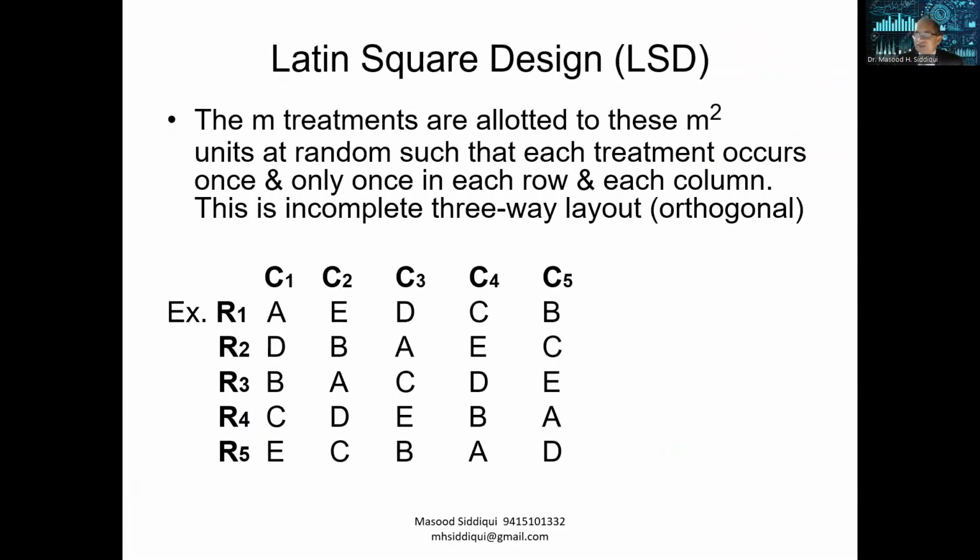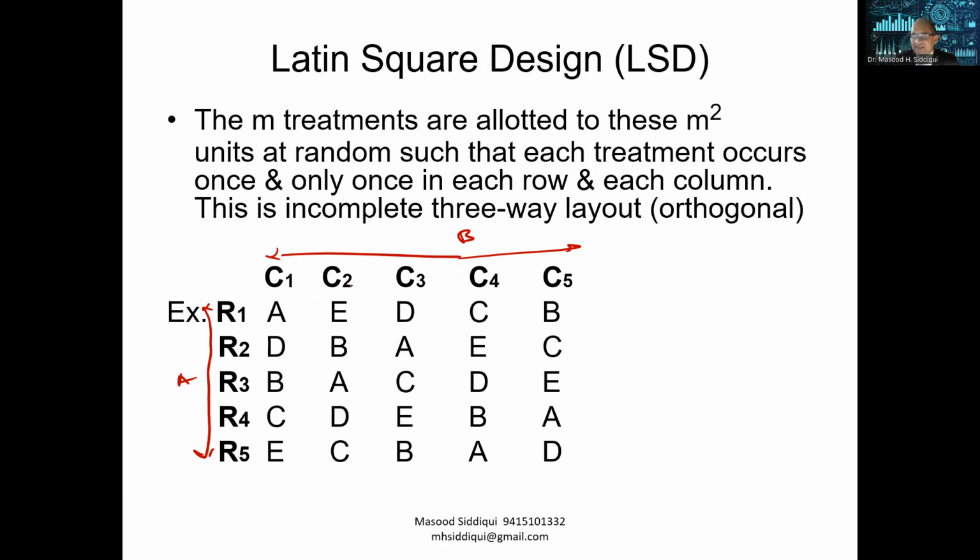Right? So one source of variation is this way, row-wise, and they have five categories, that is 1, 2, 3, 4, 5. Here another source of variation, suppose this is A, this is B, that is the column side, and here also the number of replications should be exactly 5 only, because this is a condition that the number of categories in the row and the number of categories in the column must be the same.